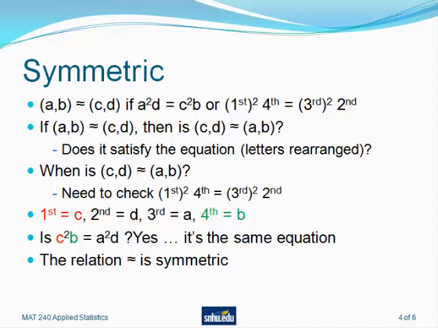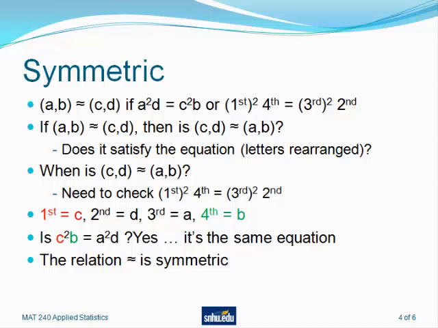So let's see if CD is equivalent to AB. We need to check that rule. In CD equivalent to AB, the first term is C, the second term is D, the third term is A, and the fourth term is B.